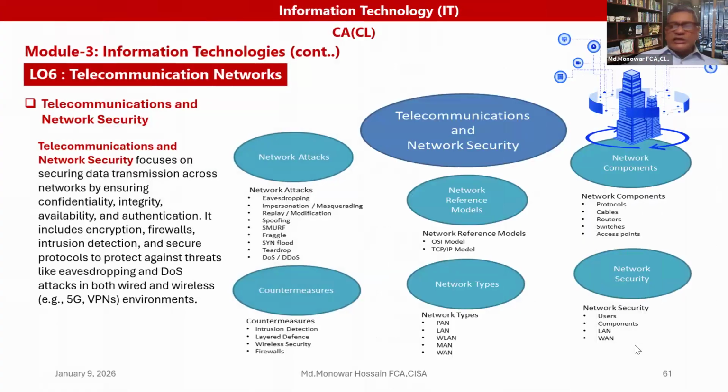Now, telecommunication and network security is taken from the CISA. Telecommunication and network security focuses on securing data transmission across the network by ensuring confidentiality, data integrity, data availability, and data authentication.